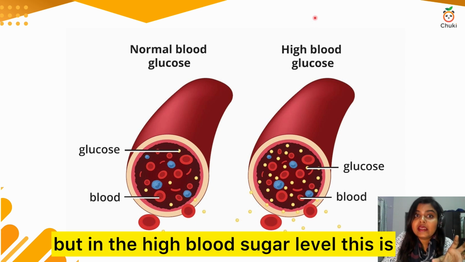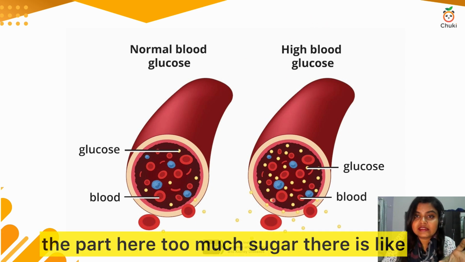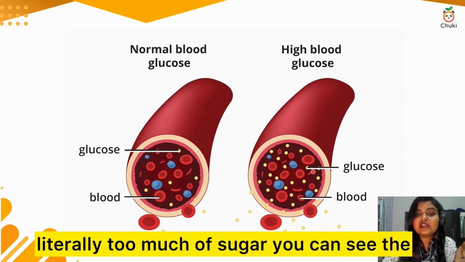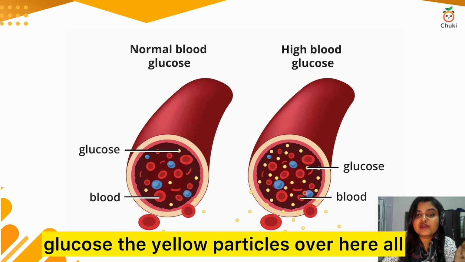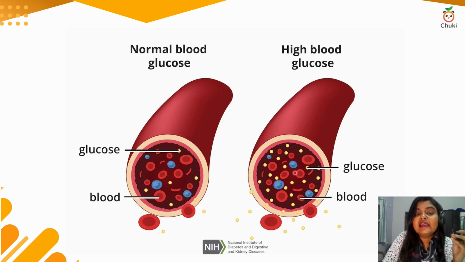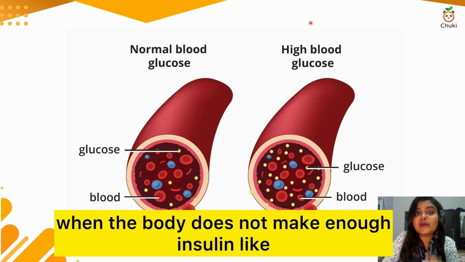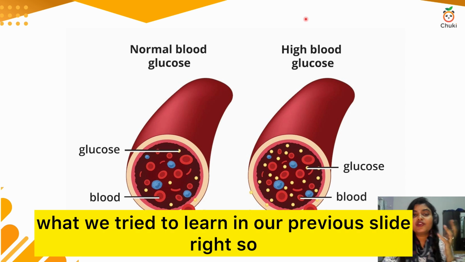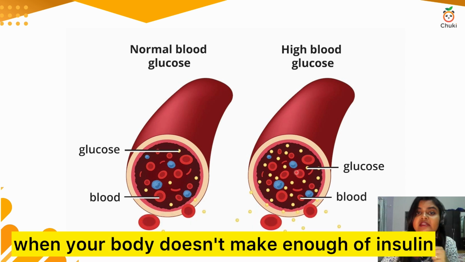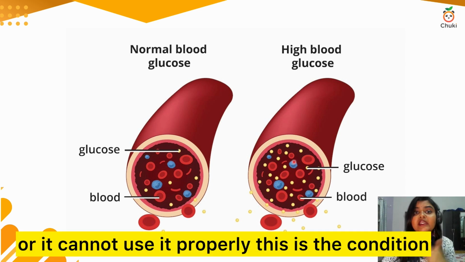But in the high blood sugar level, this part here, there is literally too much sugar. You can see the glucose, the yellow particles over here, all of these are glucose. There is too much sugar floating around in the blood, and this happens when the body does not make enough insulin, as we learned in our previous slide, or it cannot use it properly.